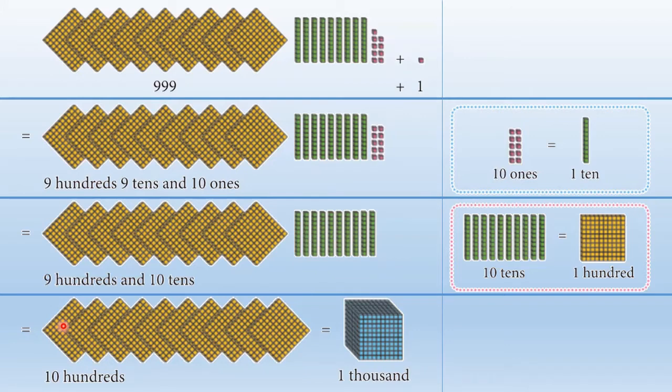Here we have 10 hundreds. Let us count: 1, 2, 3, 4, 5, 6, 7, 8, 9, 10. So now we have 10 hundreds. These 10 hundreds can be replaced by one block of beads which contains 1000.